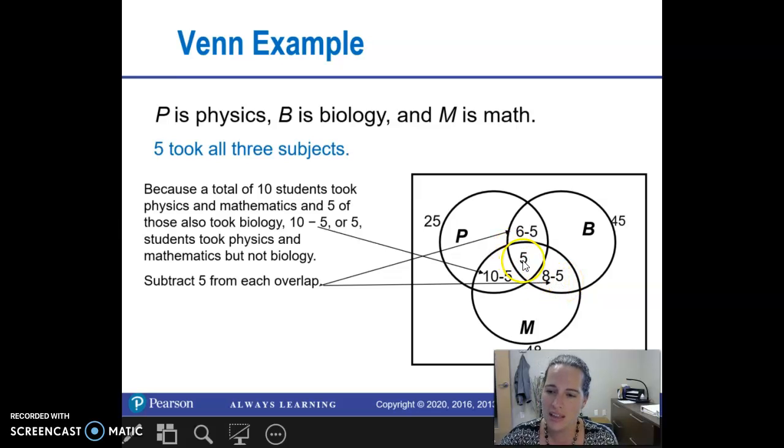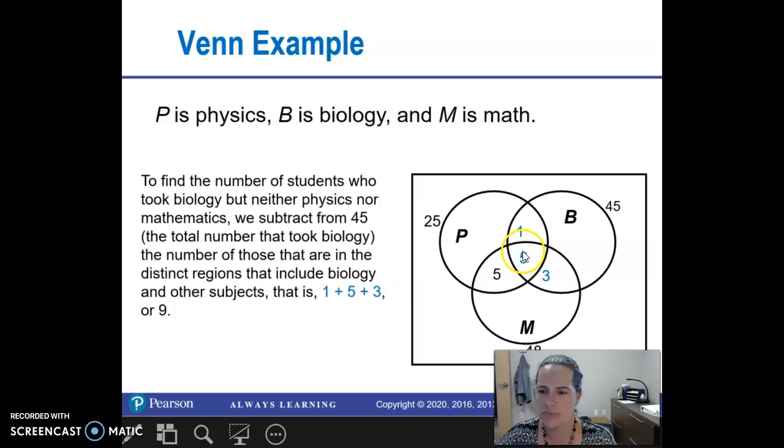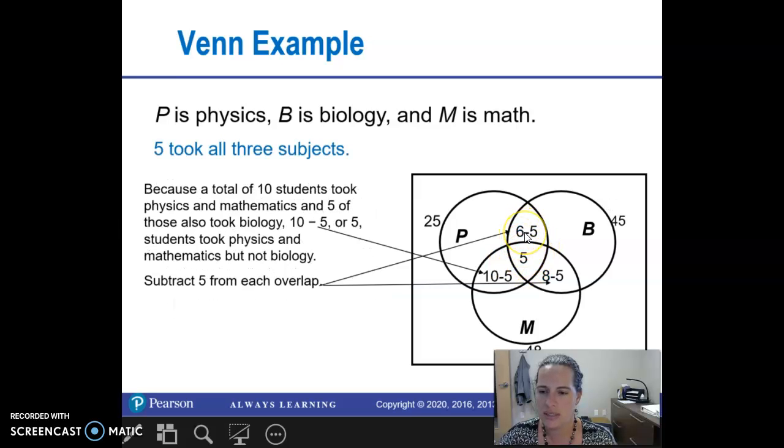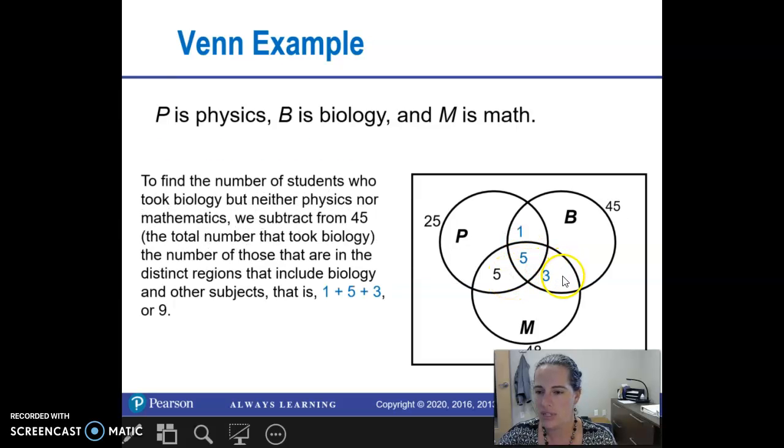So we're just subtracting that middle 5 from all 3 of those numbers that we had earlier. Okay, so that leaves us with this, right? The middle 5, and 6 minus 5 is a 1, the 10 minus 5 is a 5, and the 8 minus 5 gives us a 3.